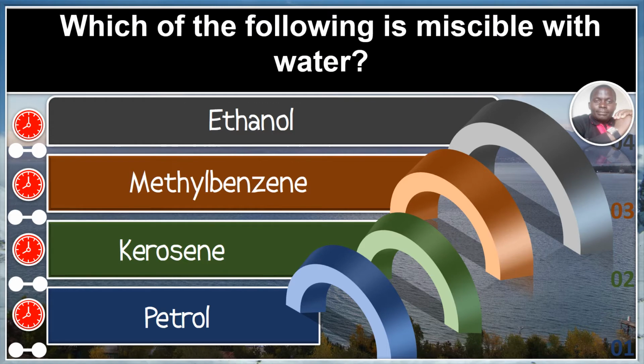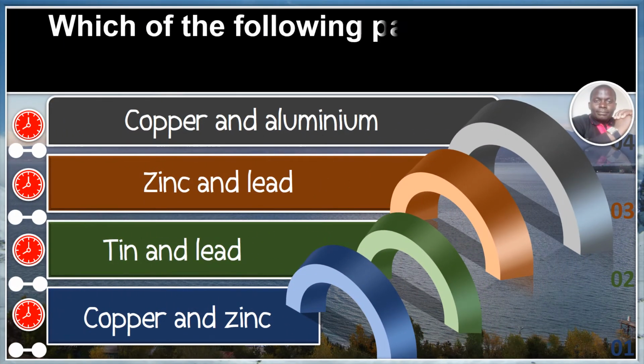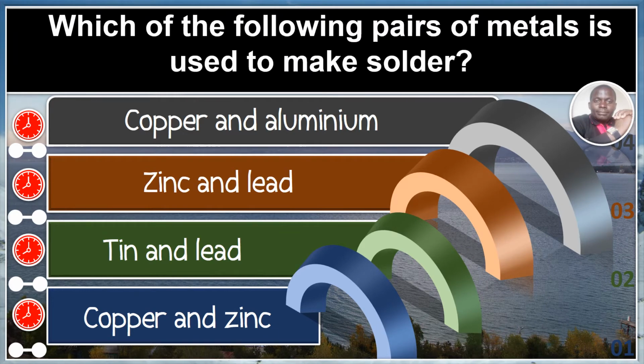Which of the following is miscible with water? Ethanol. Which of the following pairs of metals is used to make solder?